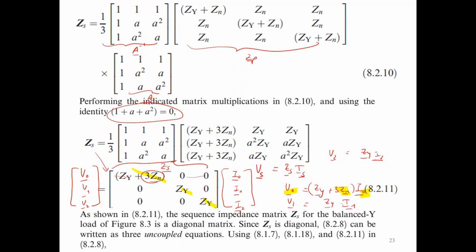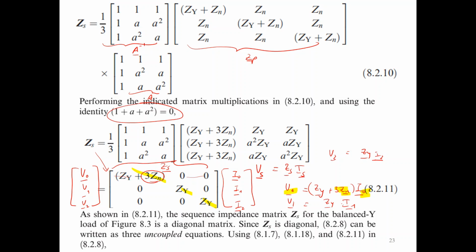So if the system is balanced, the zero sequence doesn't play any role, and neither does the neutral impedance. If we don't have any unbalanced situation, the neutral doesn't play any role. That's why Cn is in the zero sequence only.